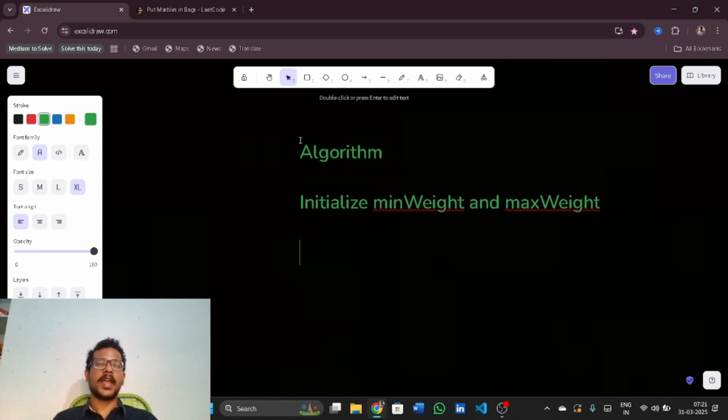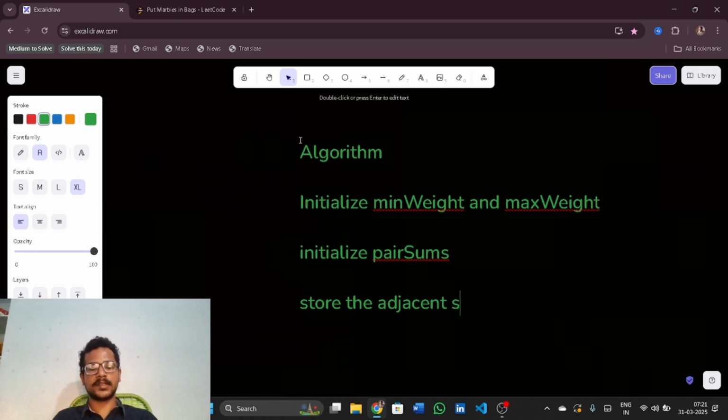Now I am taking the adjacent sums. So pair sums is a vector of int. I would initialize pair sums and store the adjacent sums in pair sums, right?